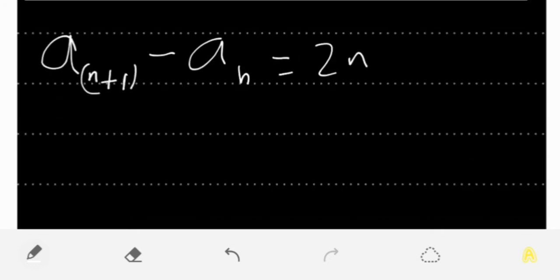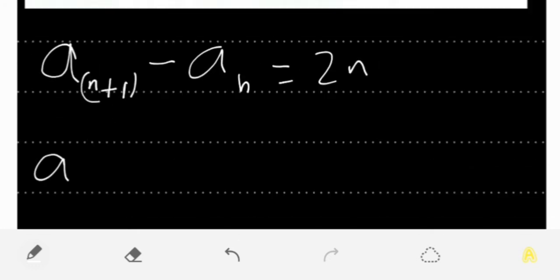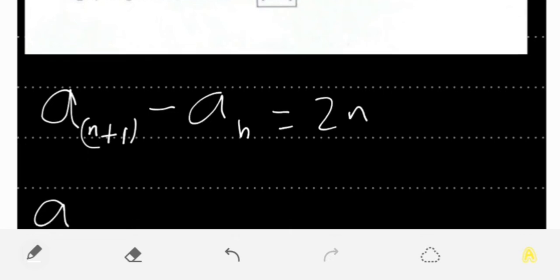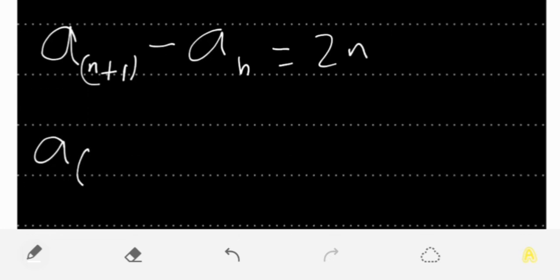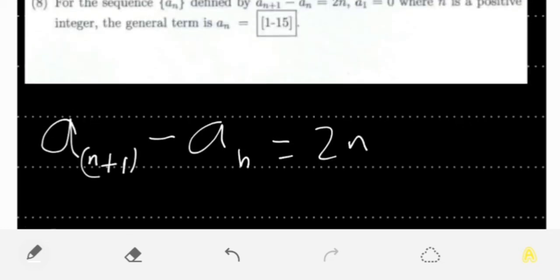So if we wanted to know the first term, the first term he gave us, right? So a1 is 0. If we want to know the second term, we can put n equals 1. Okay, so a n plus 1 equals, this minus will go to the other side, so an, but n is 1, plus 2n, right?